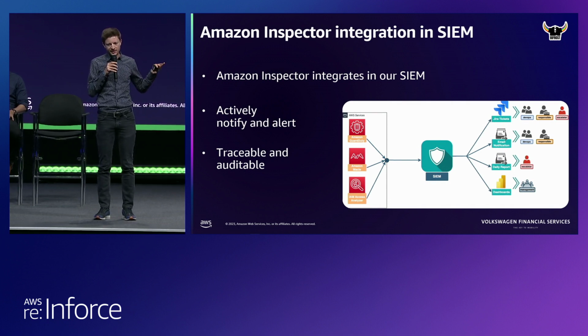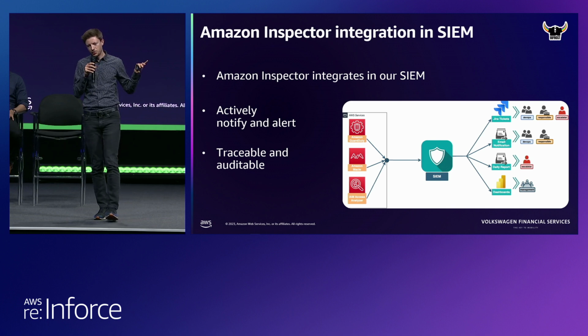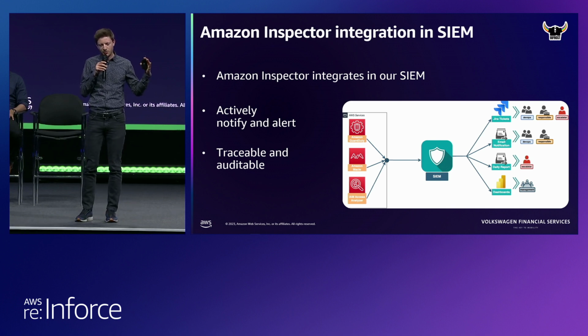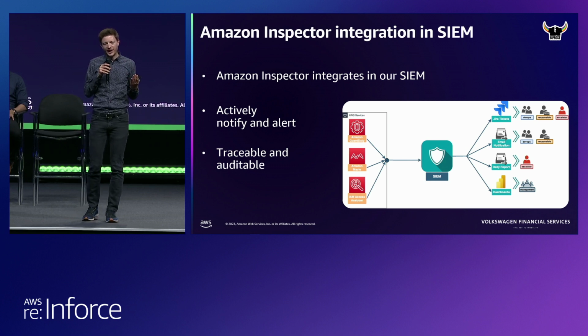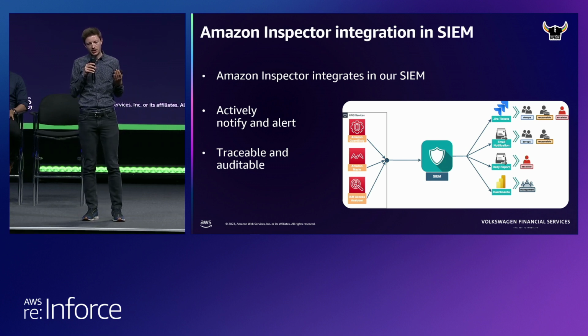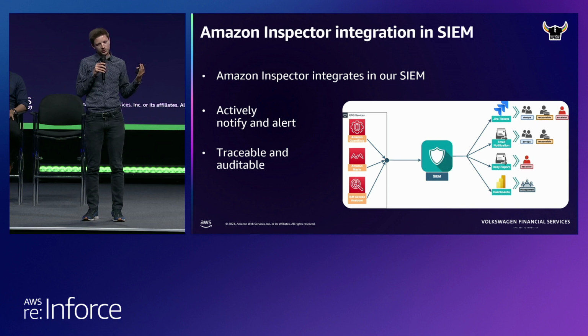So first of all, a snippet of our SIEM integration. That's just a very scaled down approach because there are way more logs ingested in the end, but I wanted to keep the complexity low, just for AWS security events in this case. So we integrated Inspector with our SIEM solution, and every vulnerability, every security event will directly get ingested into our SIEM.